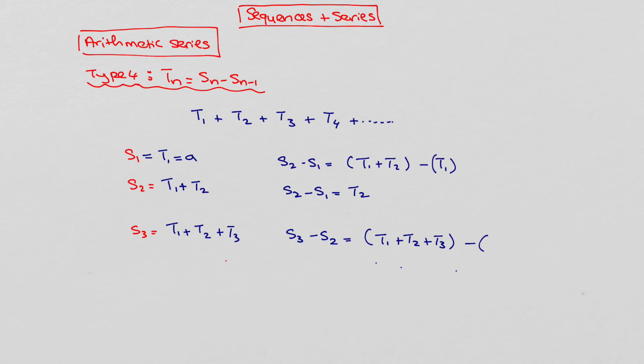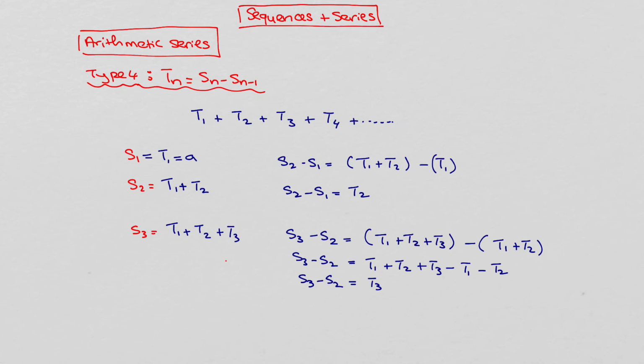The sum of the first two terms is term 1 plus term 2 added together. And therefore, if I get rid of my brackets, I end up with T1 plus T2 plus T3 minus term 1 minus term 2, which leaves me with term 3. So in other words, the sum of the first three terms minus the sum of the first two terms gives me the third term.